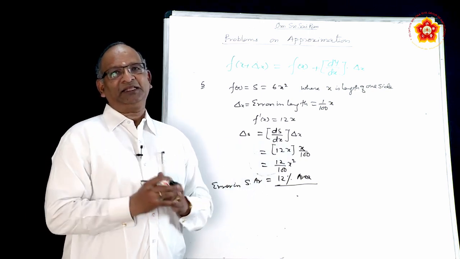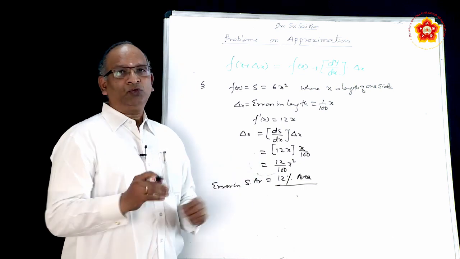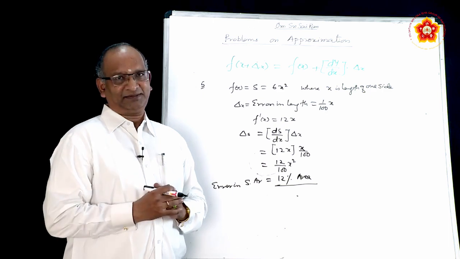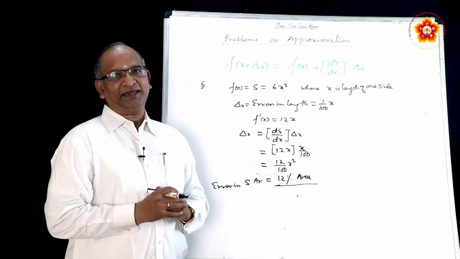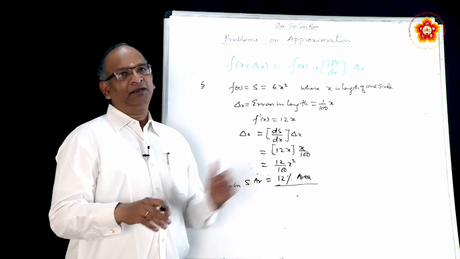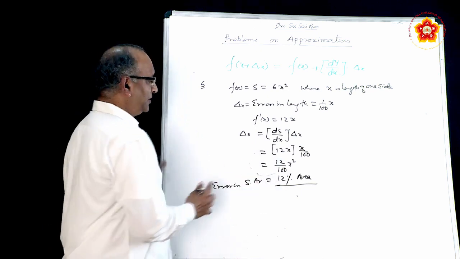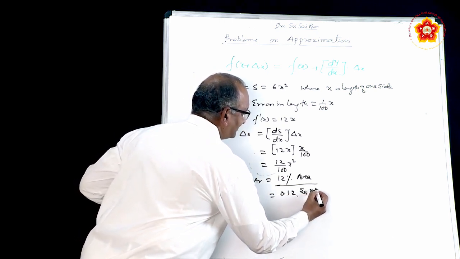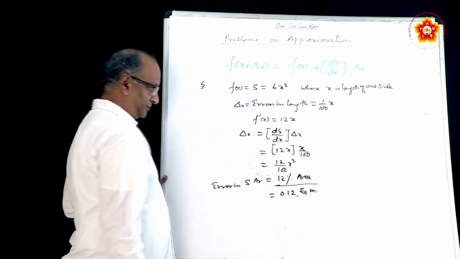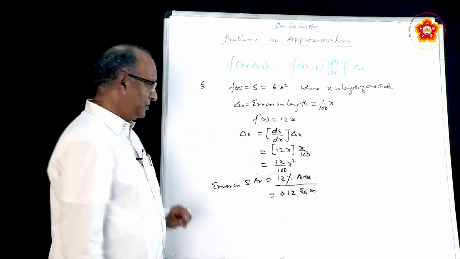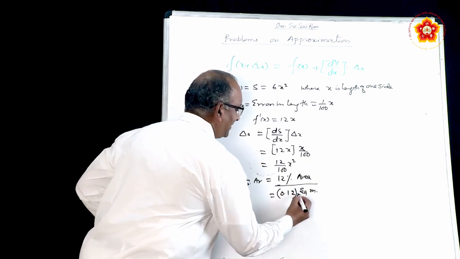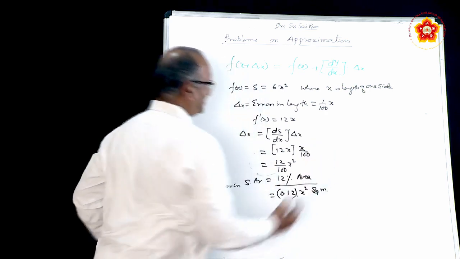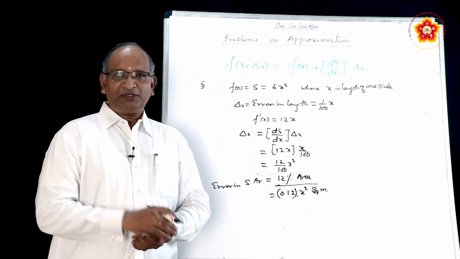Now, let us say the original length was 5 meters and you have made a mistake of 1% extra. So, it will cost 12% extra in calculating area. If it is minus, similarly it will change. So, the answer is 0.12 x squared. This is the error, and the unit is x squared meters. We will move on to the next problem.